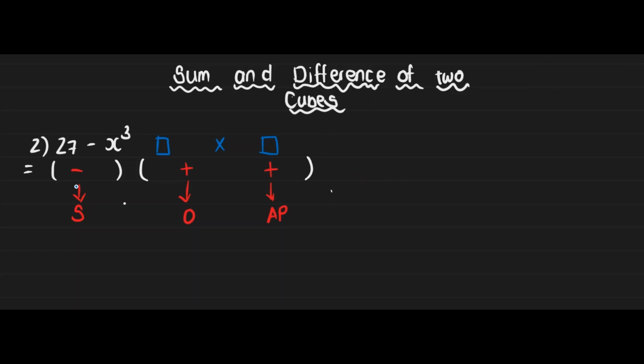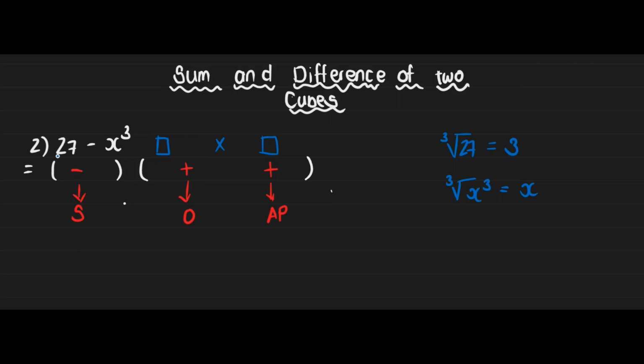Then now we need to find what? The variable. So we need to find the variable that's going to go in each part here. So we need the cube root of 27, and that's going to give you 3. Then the last one is the cube root of x cubed, which is going to give you x. So the first term, remember, the first term comes here.